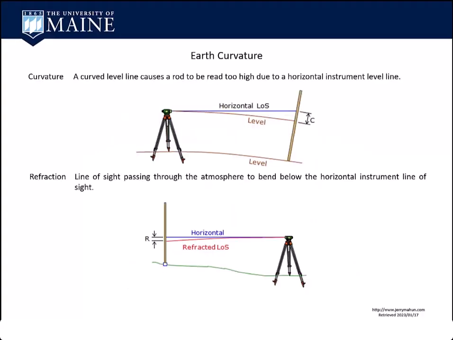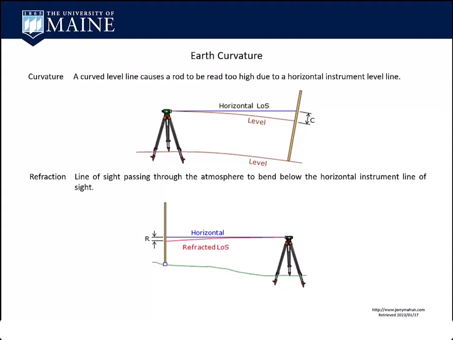So this bending of the line of sight, there's two things going on here. There's curvature, which is the curvature of the Earth, and refraction.